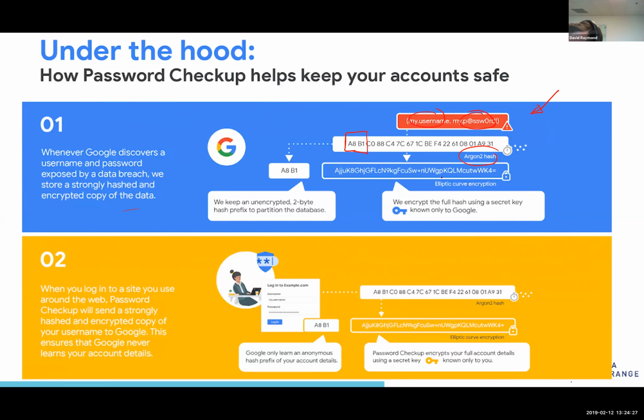Then they use an encryption technology called elliptic curve cryptography, using a key that only Google knows. They'll encrypt that bit of data and associate it with that 2-byte identifier. Okay, so this is what their database looks like, right? It's this huge repository of data that's been hashed and encrypted and indexed using this 2-byte prefix. So this happens for all password credential dumps.